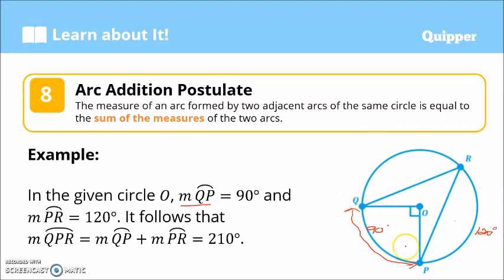So, galing kay Q, then dadaan kay P, hanggang kay R. So, this is already a major arc. But regardless, ang measure ng arc QPR is equal to the sum of the measure of this arc plus this arc. So, that is 90 degrees plus 120 degrees, and that is equal to 210 degrees.